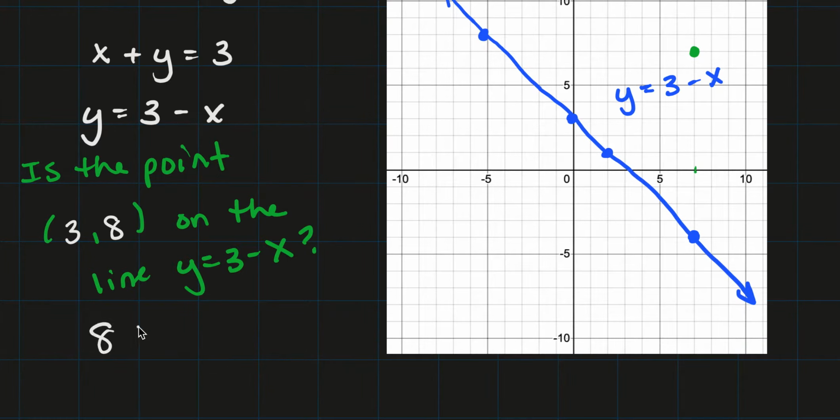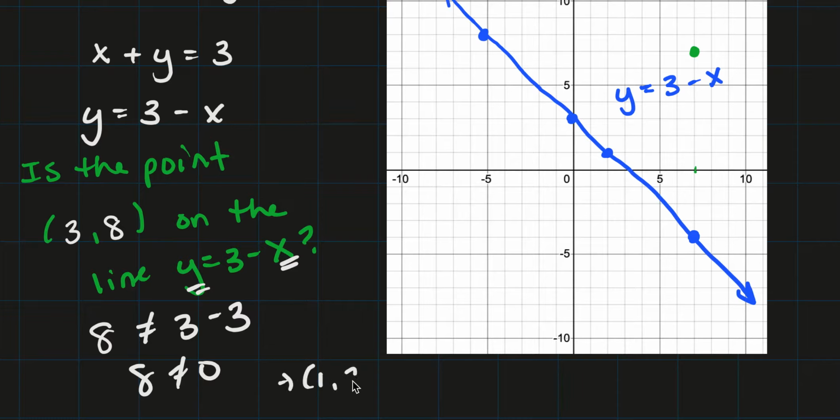Because 8 is not equal to 3 minus 3. Putting in the 3 for x and the 8 here, you can see 8 is not equal to 0. But if you get something like 1 and 2, you'll get a right answer. So if you try the point 1, 2, you'll see that 2 is equal to 3 minus 1. That's a true statement. So that point is on the graph, and you can see it right here. Here's the point 1, 2.